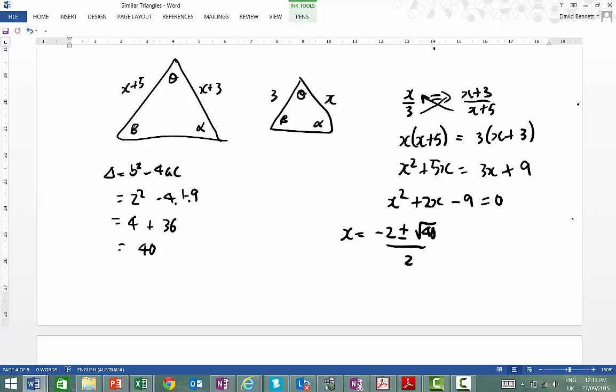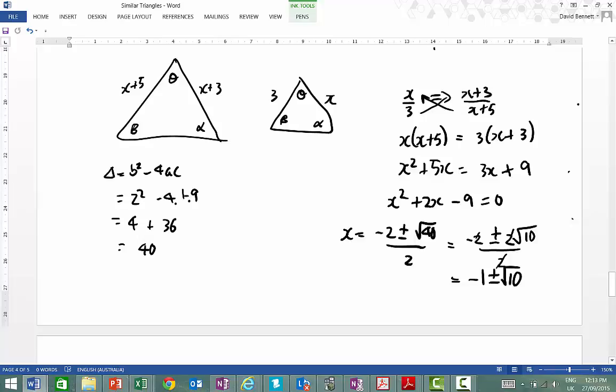I might actually have to prove this is a surd. If I had to do that, then I'd write this as simply minus 2 plus or minus 2 root 10 all over 2. Cancel the 2's out, so it's going to give me minus 1 plus or minus root 10.